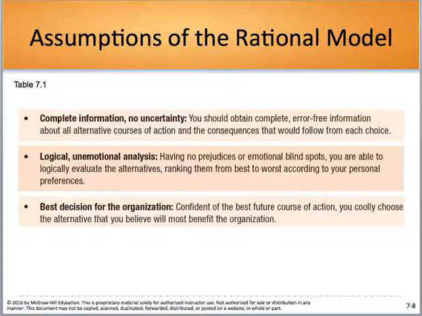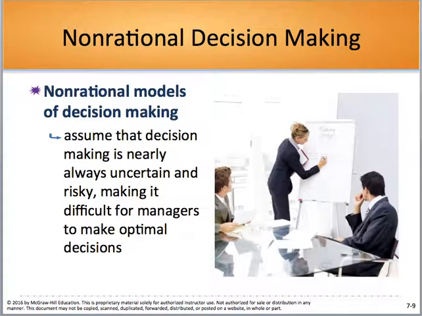There are no prejudices or emotional blind spots. You're ranking your alternatives from best to worst according to your personal preferences. And then you're making the best decision for the organization, choosing an alternative that you truly believe will benefit the organization as a whole and within all the parts.